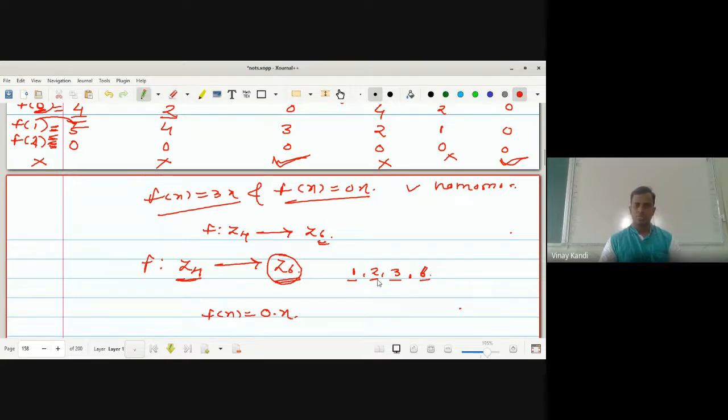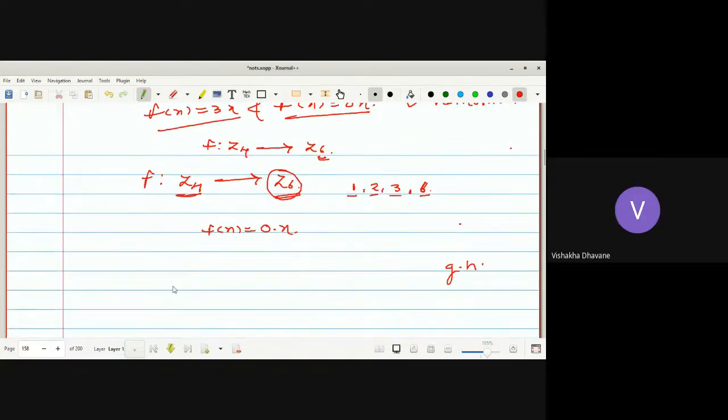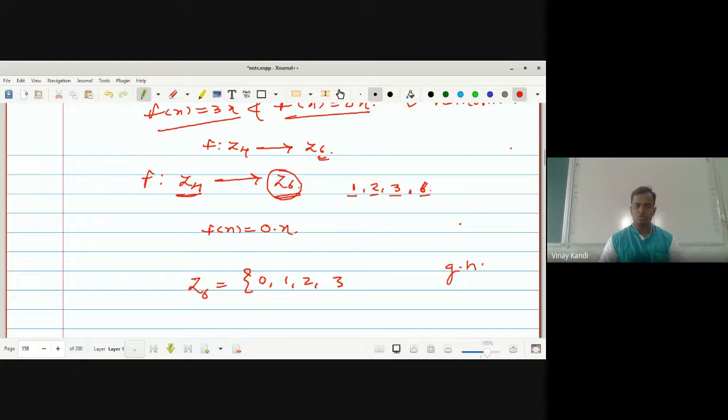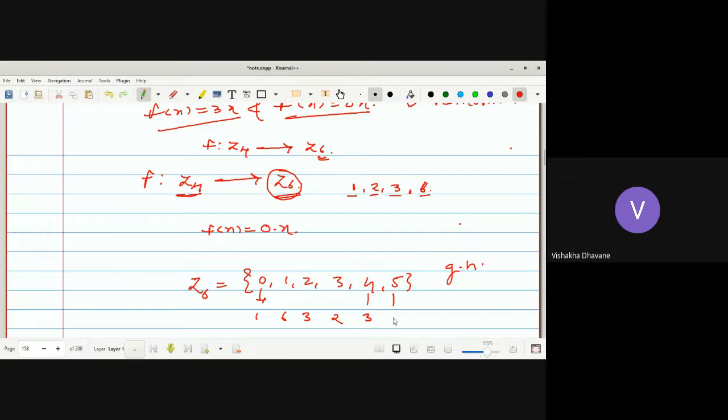Is there an element of order 2 in Z6? In Z4, is there an element of order 2? Yes, 2. In Z6 we have 0, 1, 2, 3, 4, 5. The order of 0 is 1, the order of 1 is 6, the order of 2 is 3, the order of 3 is 2, the order of 4 is 3, the order of 5 is 6.